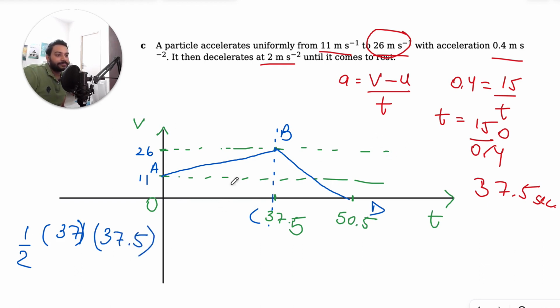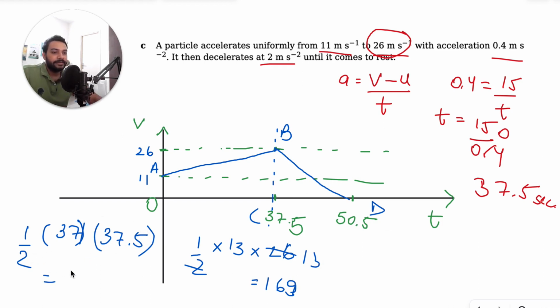And then for the triangle, half base is CD, that's 13, into height BC, 26. So 13 squared is 169, plus 37 times 37.5 over 2. This is going to be 693.75.